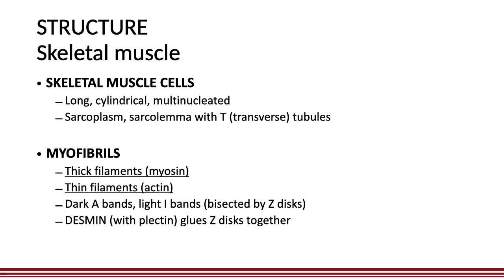Now, the myofibrils are specialized structures or organelles that are found within skeletal muscle cells. Please note that myofibers are the muscle cells, myofibrils are organelles, and these represent contractile proteins, specifically actin and myosin. The thick filaments are known as myosin, and the thin filaments are known as actin.